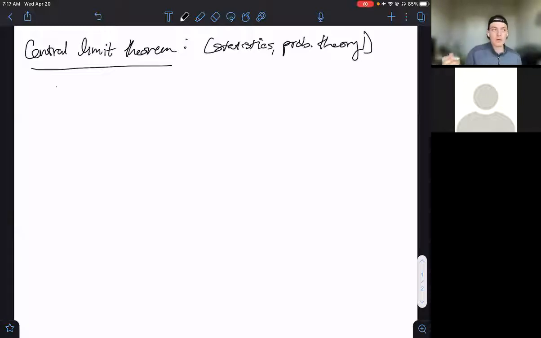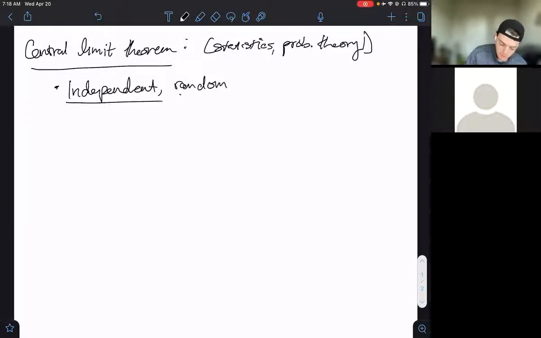We had talked about last lecture and the lecture before, in this entire semester, about independent variables, and we call them random when they can take multiple values, and so we have independent random variables, and they're summed.